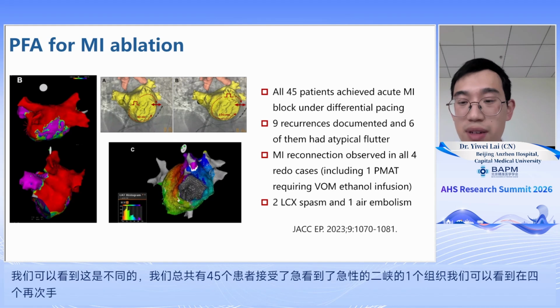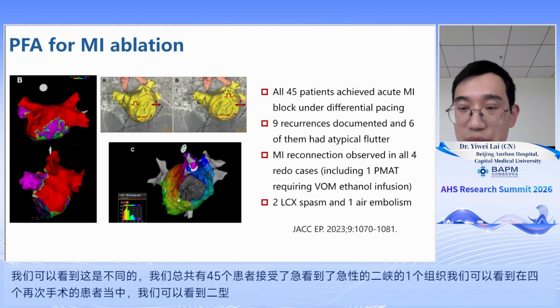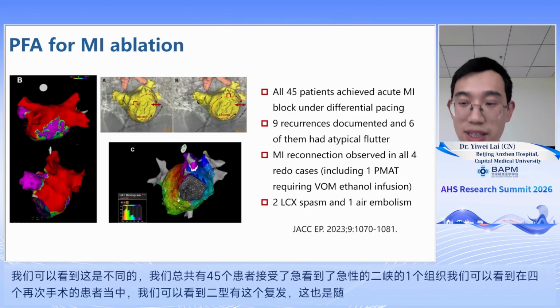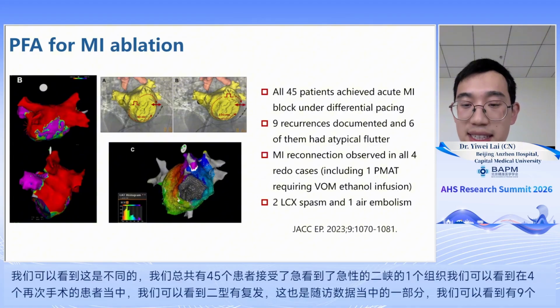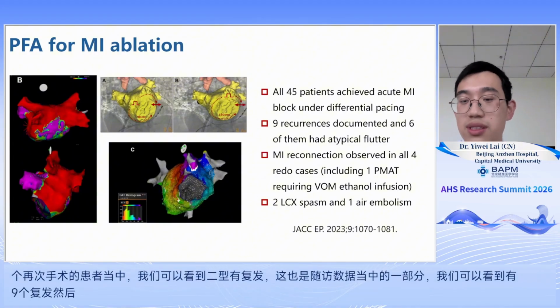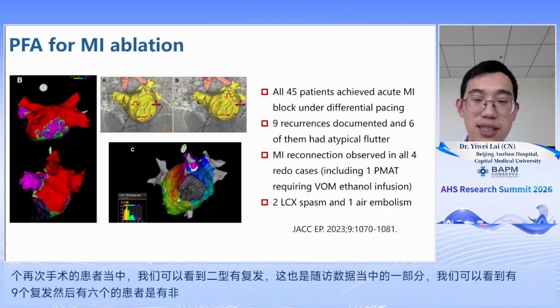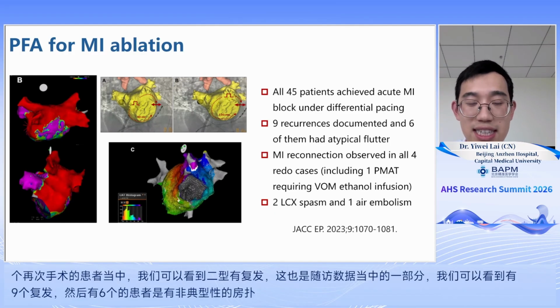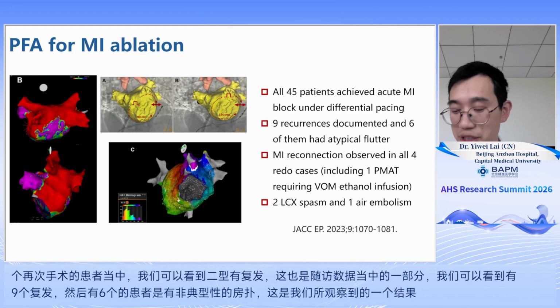Also in the follow-up data, they reported nine recurrences, and 6 of them were atypical flutter. And in 4 patients undergoing redo cases, MI reconnection was observed in all of them. So apparently this study cannot provide very robust evidence that PFA is enough for mitral isthmus ablation.